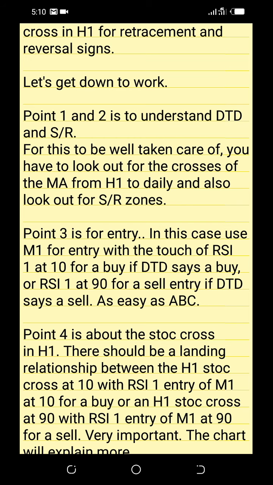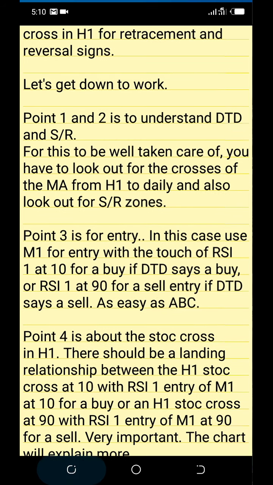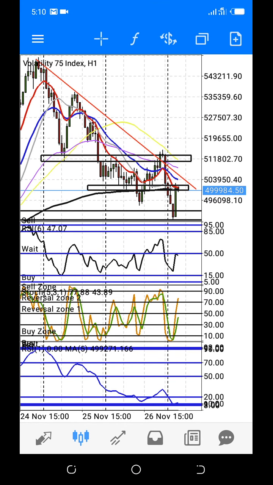When that happens from H1 and the candles are below the cross, like in this case, you see the candles are below and the moving average cross is above. So we have a downtrend situation, right? Okay, and then to crown it all, there is also an anchorage in the sense that there is a candle crossing over.